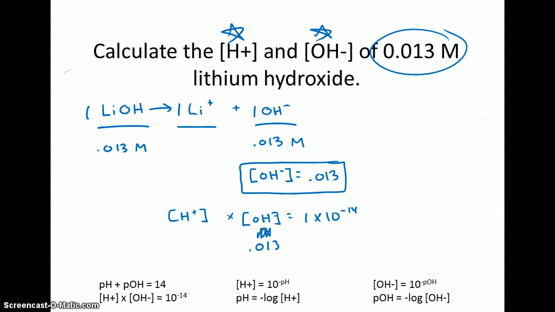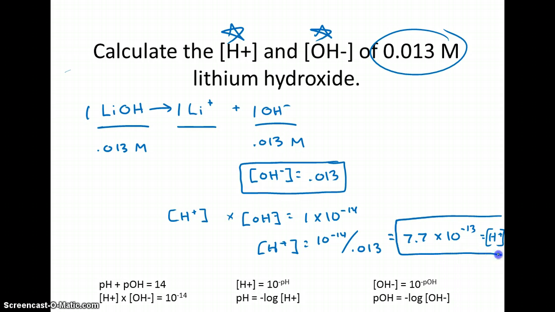So I want to set up a simple algebra equation. If I want to solve for H plus, I'm just going to divide 10 to the negative 14th by OH minus. So my H plus concentration is equal to 10 to the negative 14th divided by my OH minus concentration, which is 0.013. If I use my calculator, my answer comes out to be 7.7 times 10 to the negative 13th. And that is my H plus concentration. And that is my other answer.